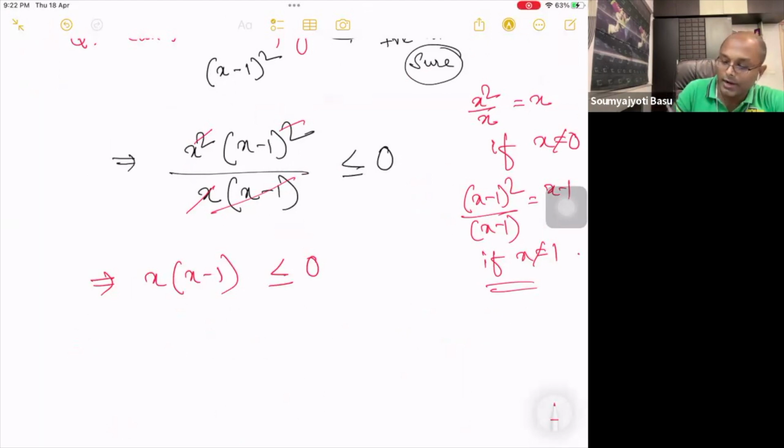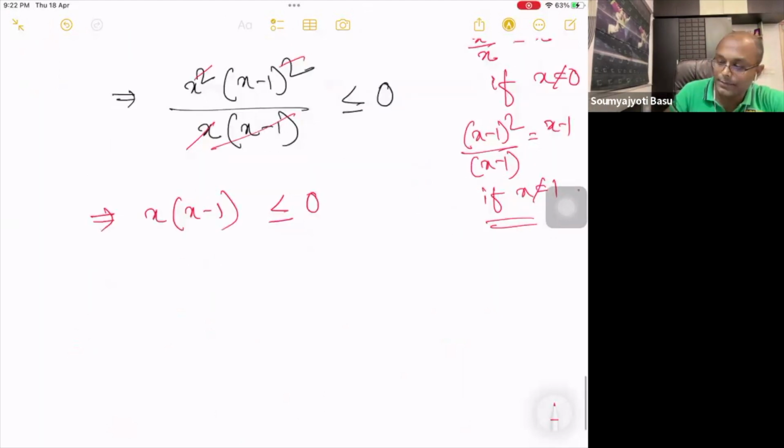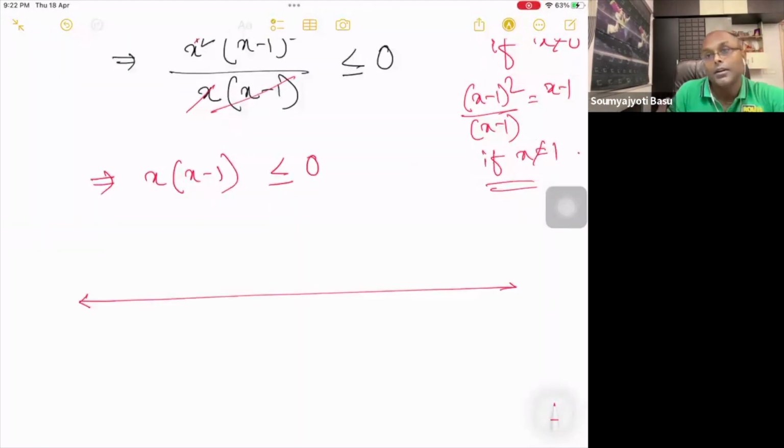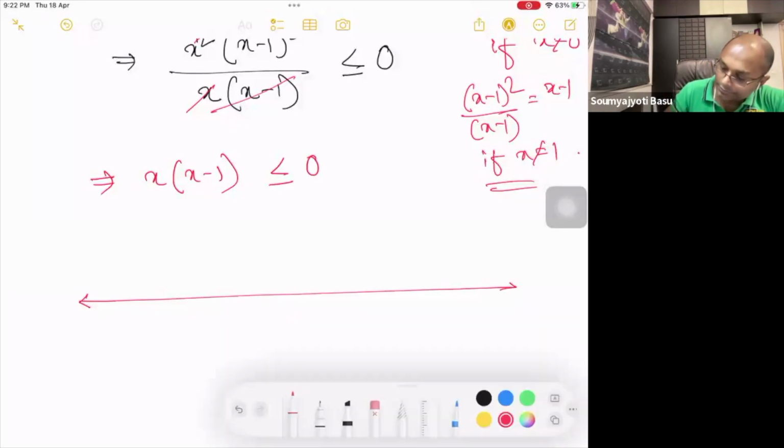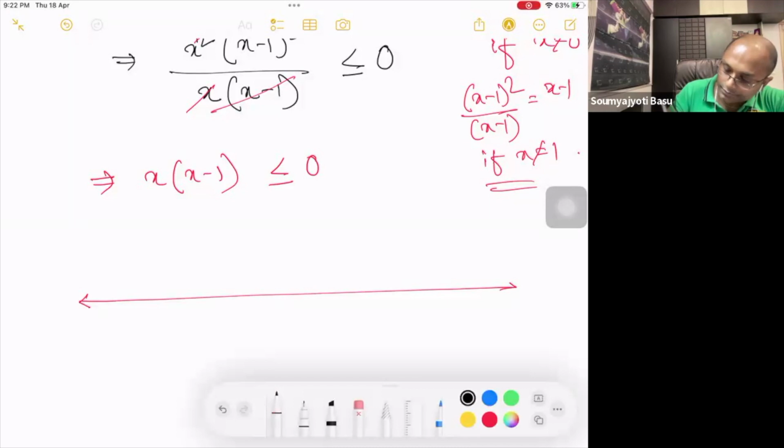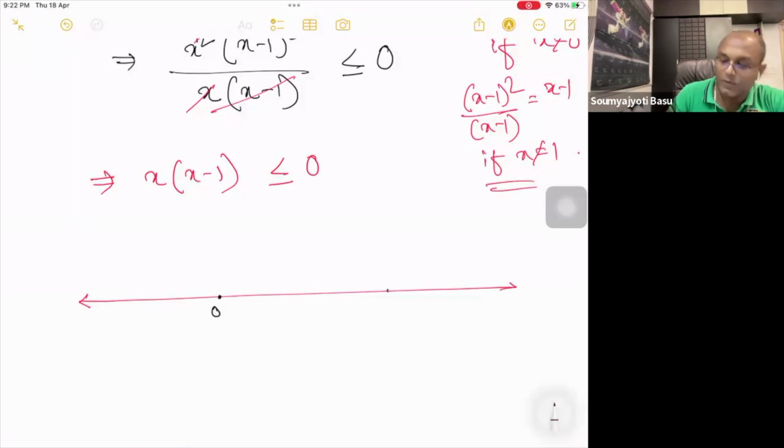So let's write it down on the number line. So what are the roots? 0 and 1. Now, would these roots be a dot or a circle? See, the inequality shows that it's a less than or equal to.